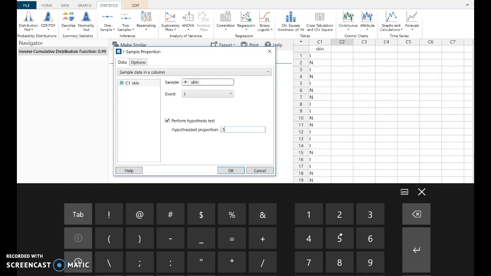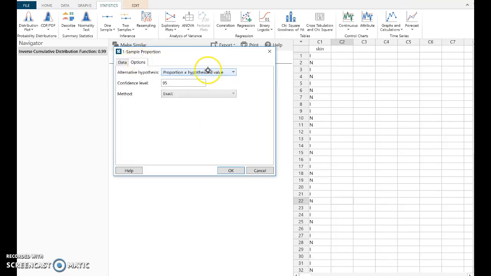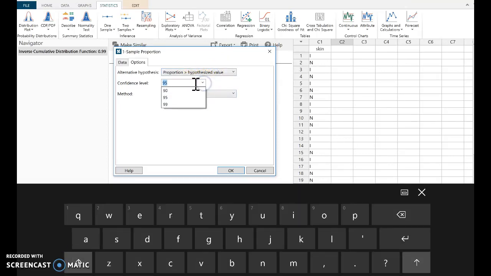All right, now what else do you have to give it? Well, you have to tell it to use the normal distribution, and you also have to give it the alternative hypothesis. Now, that information is stored in options, as you can see up here. So you go to options. Here's the alternative. We have a greater than scenario. The confidence level is 99%. Because remember, alpha was 1%.